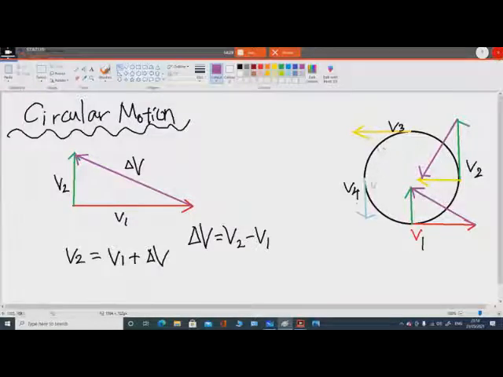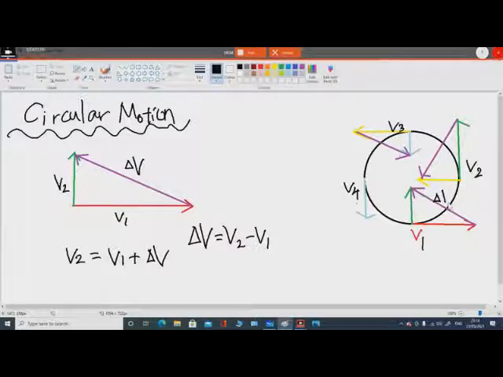Okay, let me draw a final line. So this is my V4, and this will be my change in velocity. Let me label it so that you can see it clearly.